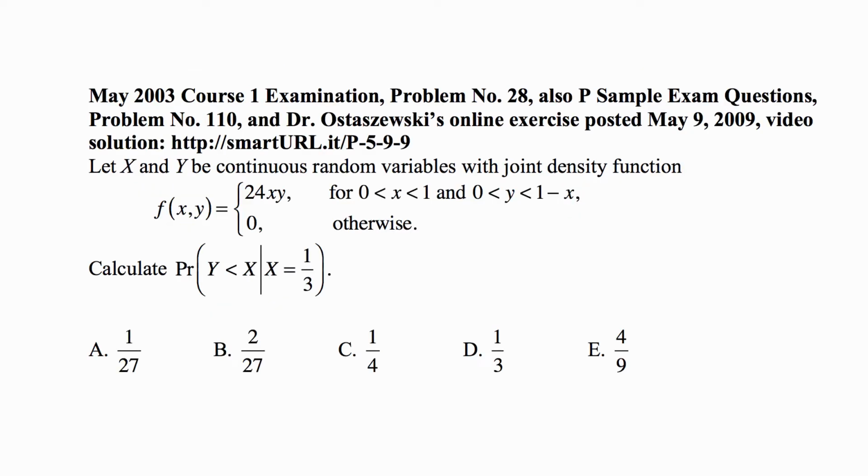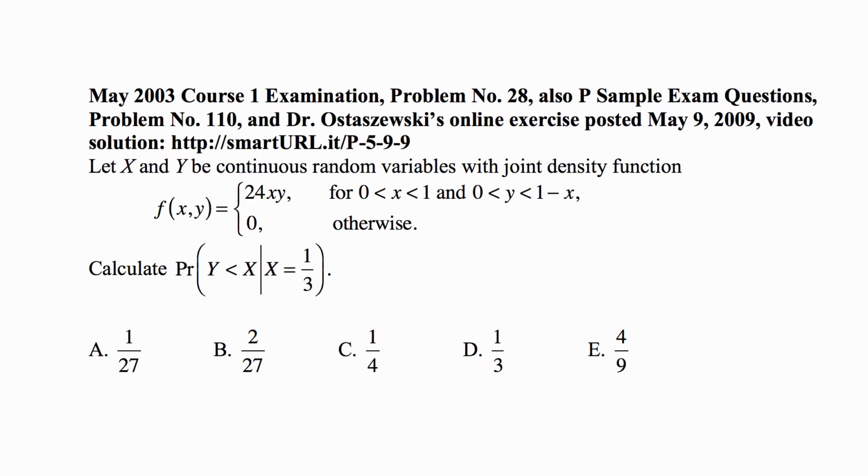Here's a problem for today. Problem in probability for exam P. Let x and y be continuous random variables with joint density function equal to 24xy whenever the density is positive. That's the formula for it, and the density is positive for x between 0 and 1 and for y between 0 and 1 minus x.